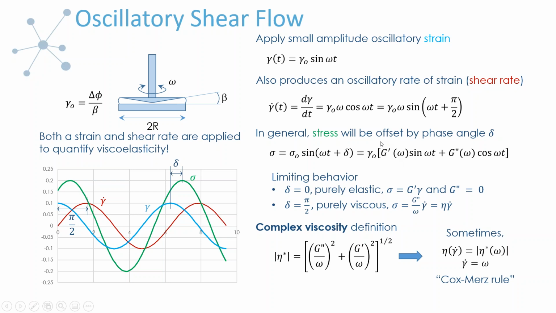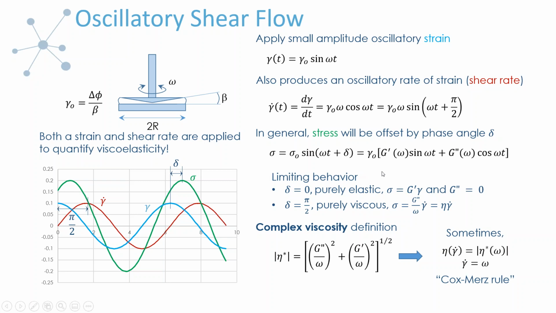So you have the elastic or storage modulus, which is characteristic of the elasticity of the material, and that is in phase with the strain. And then you have the viscous or loss modulus, which characterizes the viscous nature of the material. This is proportional to the cosine, so that is in phase with the rate of strain.